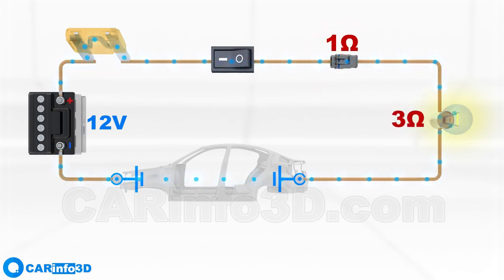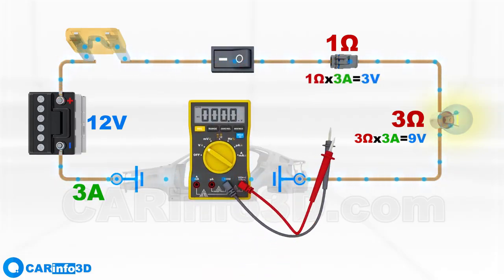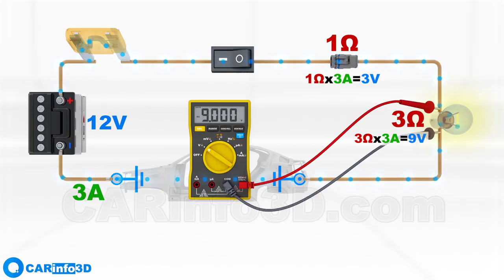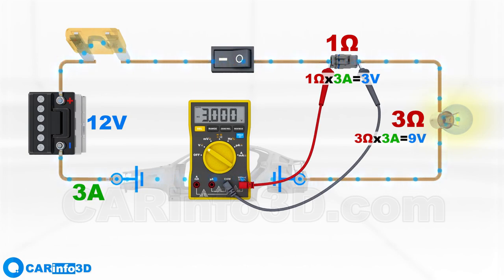The current in this circuit is 3 amperes. As in the previous example, voltage will now divide between these two components based on their resistance. The bulb receives 9 volts, and the faulty connector receives 3 volts. Therefore, the voltage drop across the bulb amounts to 9 volts, while the voltage drop across the connector is 3 volts. Thus, 3 volts are lost in the circuit due to the connector fault. The bulb only receives 9 volts and, as a result, glows dimly, operating below its full capacity.